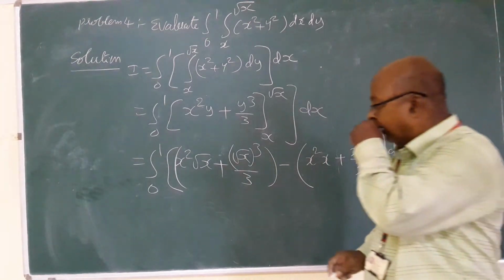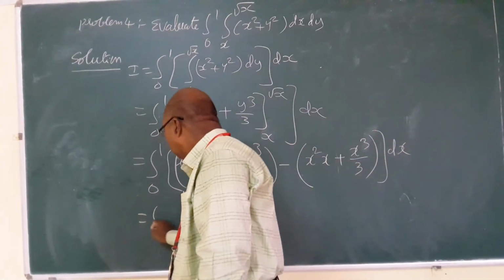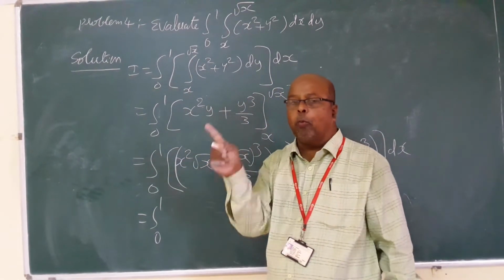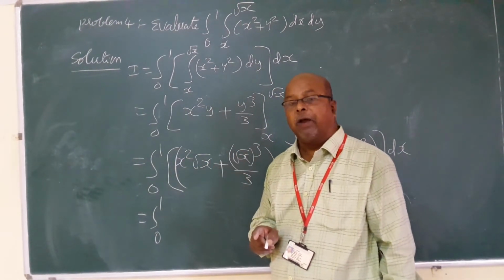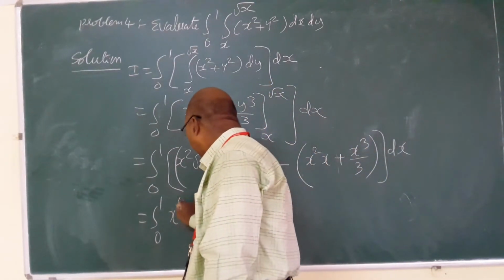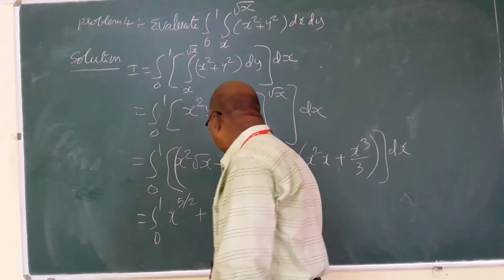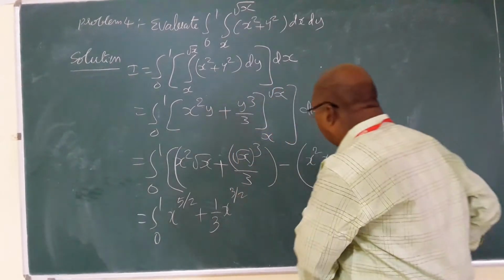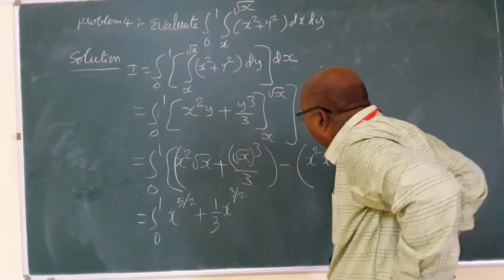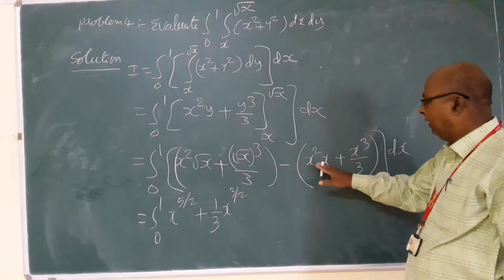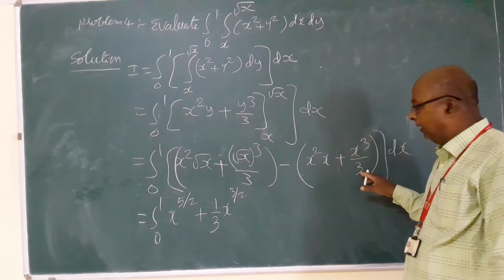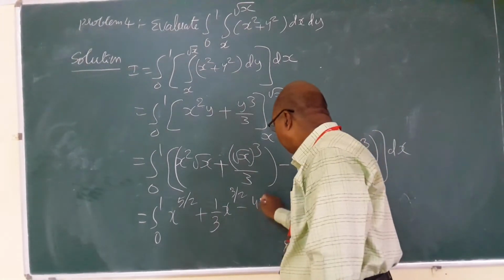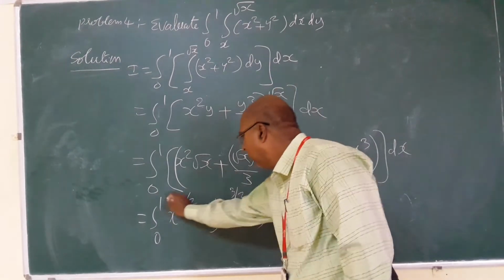Observe carefully. Integral 0 to 1 of x square x to the power of 1 by 2 plus x cube by 3, where root x whole cube is x power of 3 by 2. Then x cube plus x cube by 3, minus 4x cube by 3, dx.